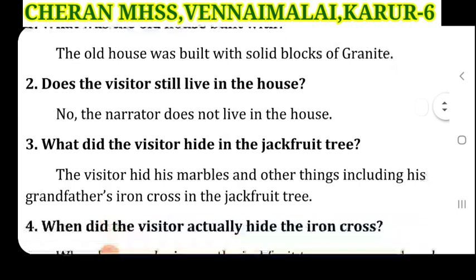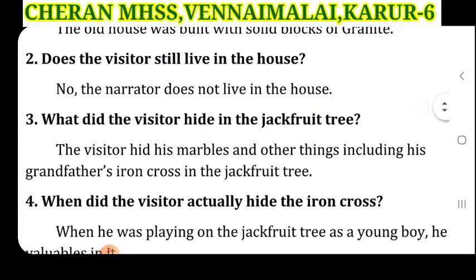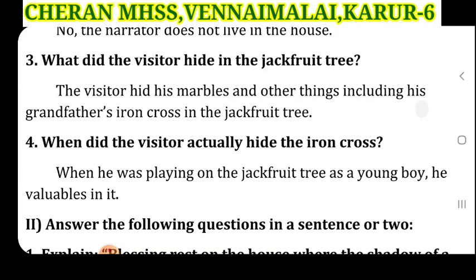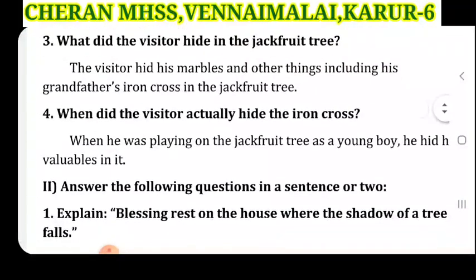The visitor hid his marbles and other things, including his grandfather's iron cross, in the jackfruit tree. When did the visitor actually hide the iron cross? When he was playing on the jackfruit tree. As a young boy, he hid his valuables in it.